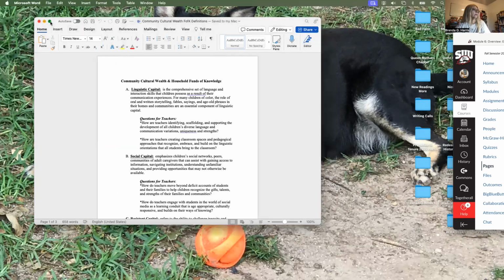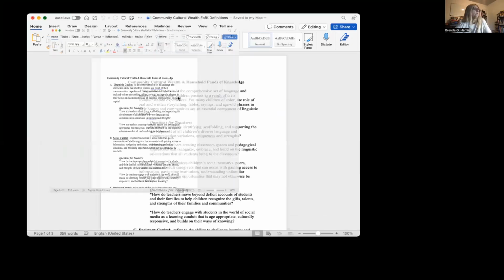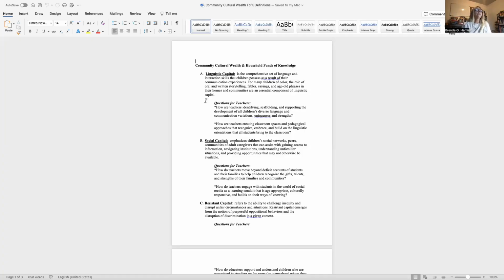Okay, so what this form says is that these are different kinds of knowledge sources. And so linguistic capital, when I'm looking in the community and I am trying to start with the learner, not the lesson plan, and identify their gifts to bring into my classroom, some gifts are linguistic.